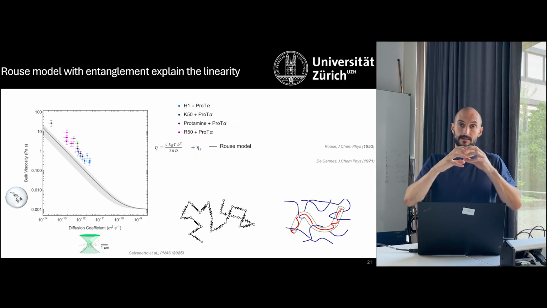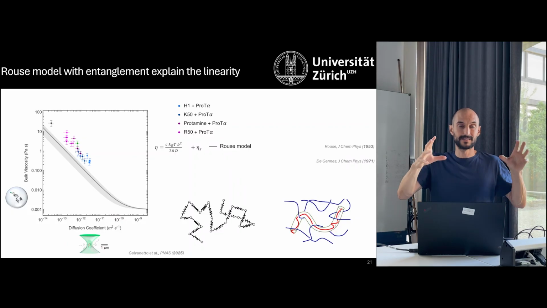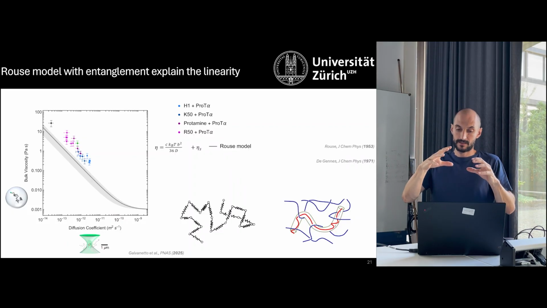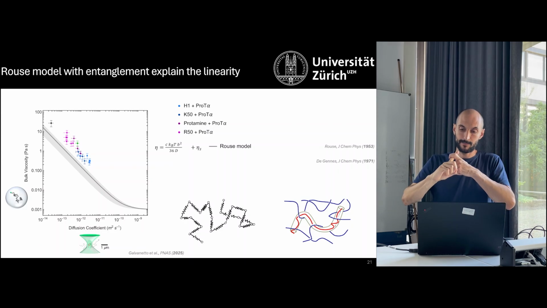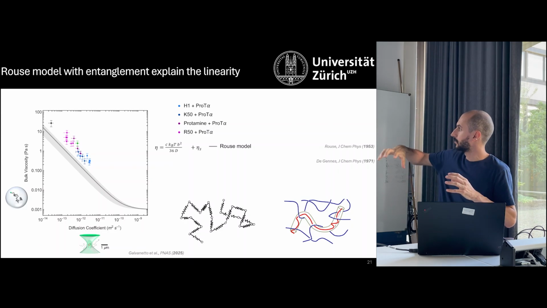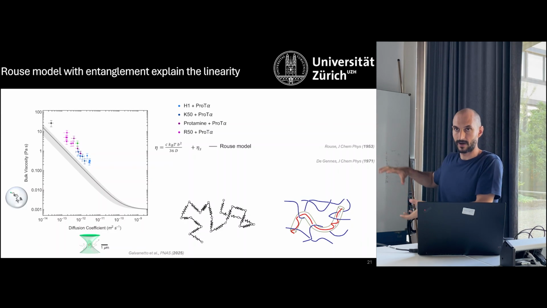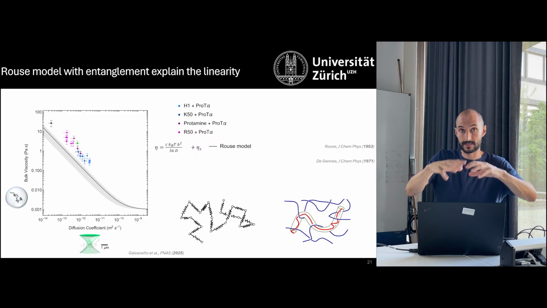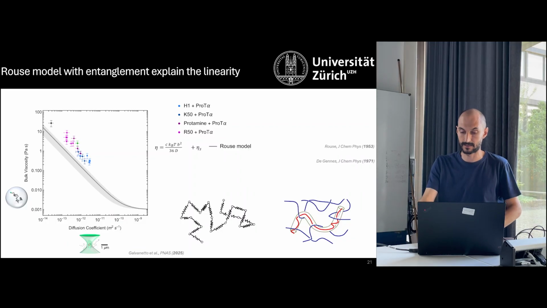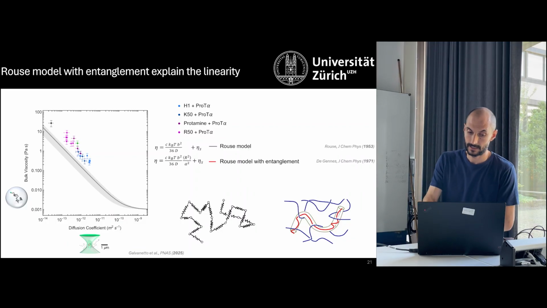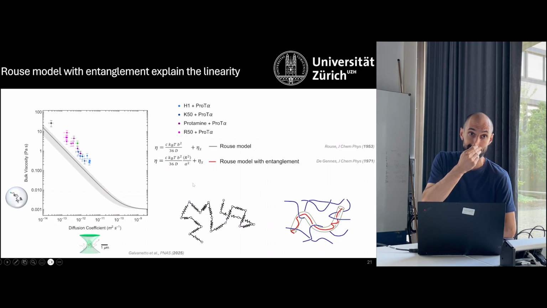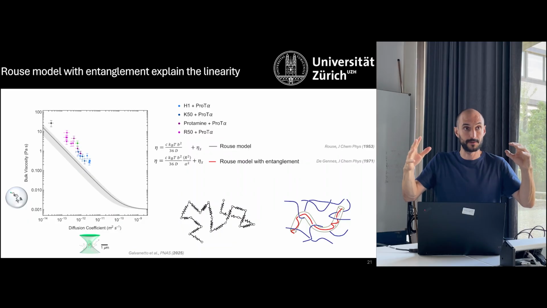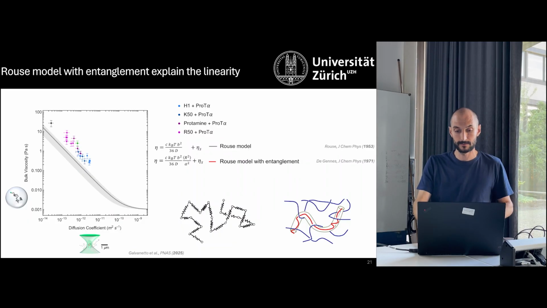And in this case, you have to consider that polymers are not completely free. They cannot overlap with each other, and they have a sort of tube that describes the space where they can move inside the mesh, inside the dense phase. So in this case, the viscosity is also very similarly predicted, except that there is another parameter that has to do with the ratio between the size of the protein and the tube diameter.